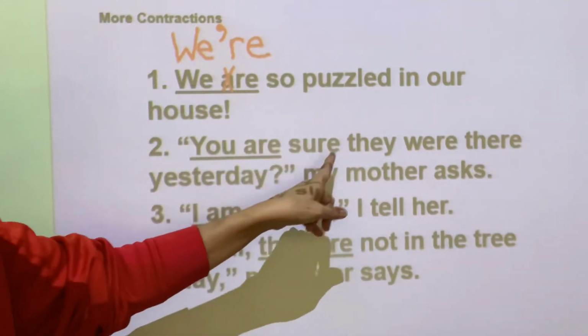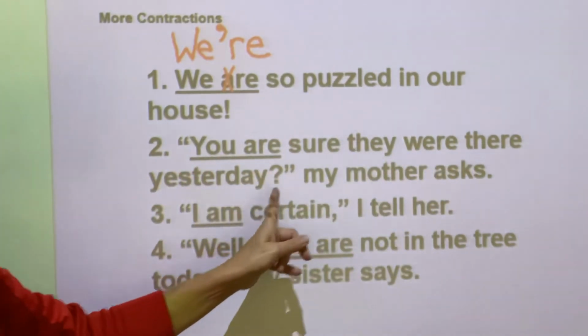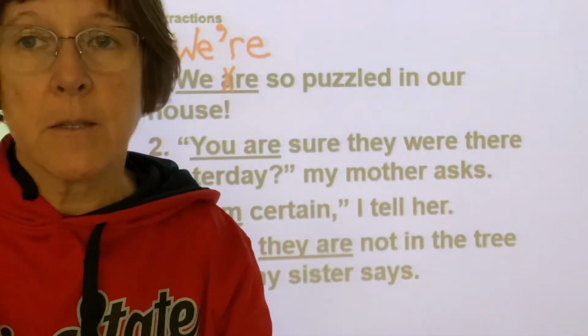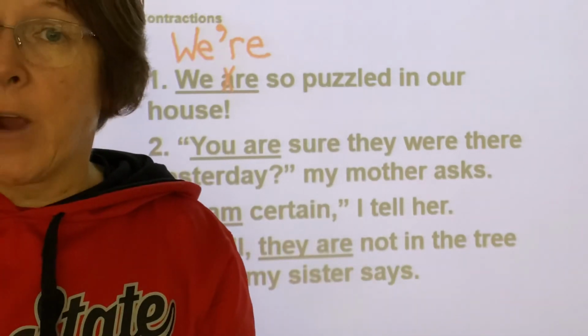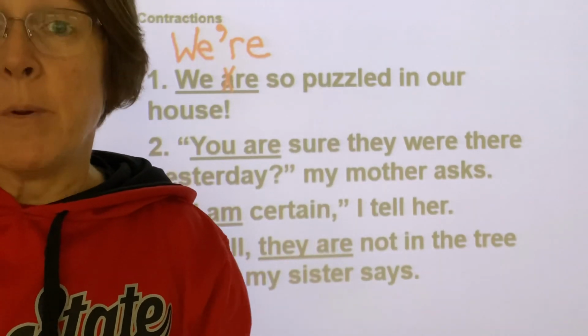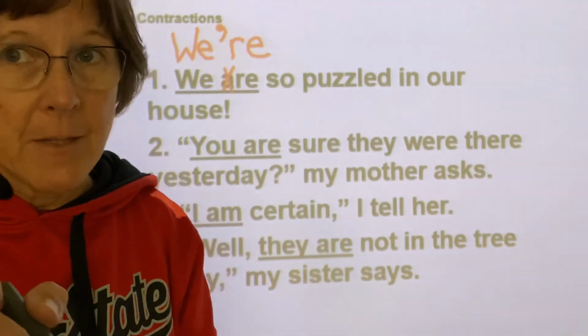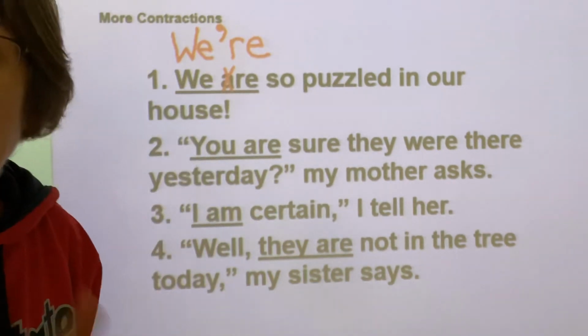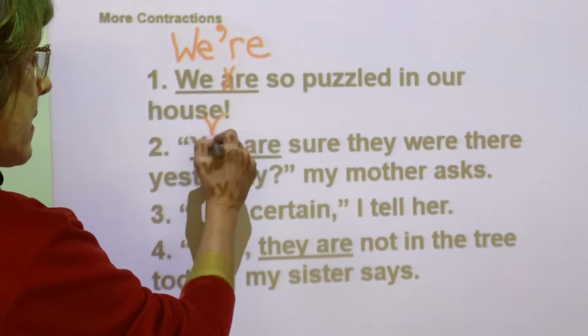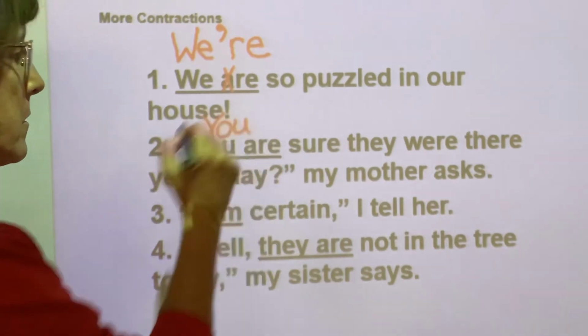You are sure they were there yesterday? My mother asks. You are. We're trying to make a contraction. That contraction would be you're, but it's not spelled like you think. So we're going to keep the first word, Y-O-U.